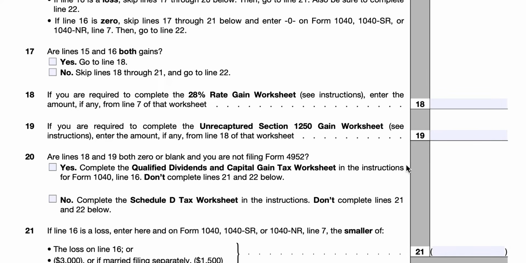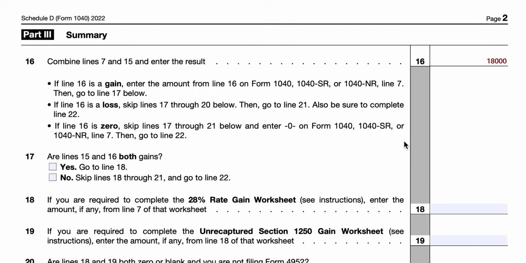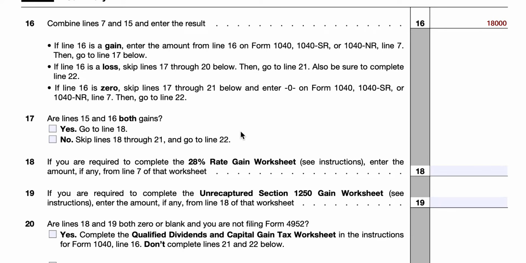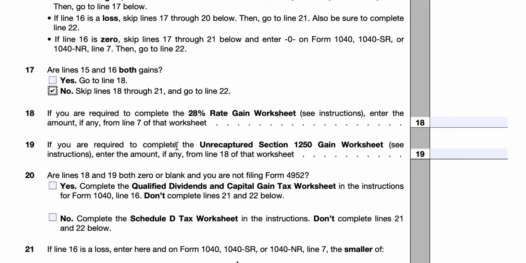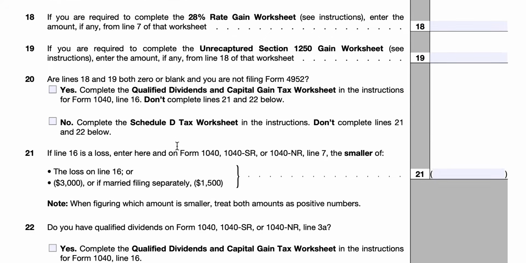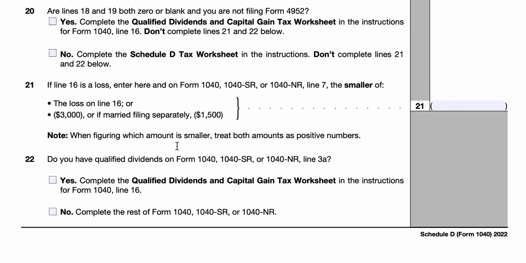So a lot of worksheets, and I will over time create videos to go over each of those worksheets, but not in this video. So what we're going to do is simply go through the rest of the form as our numbers indicate. We're skipping lines 18 through 21, and then we'll go to line 22.